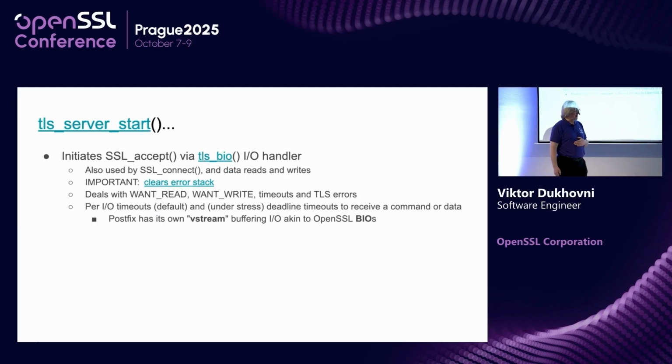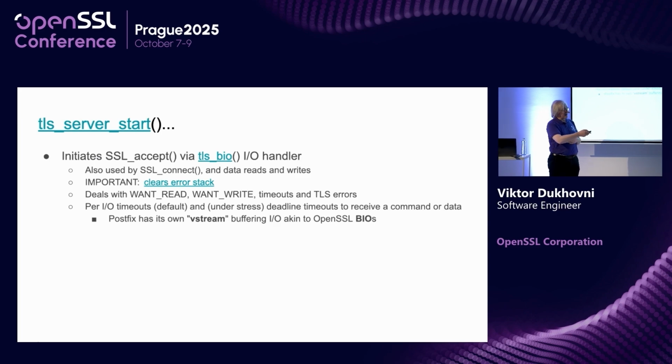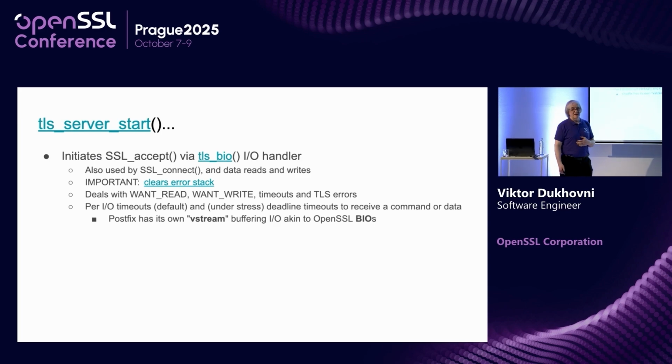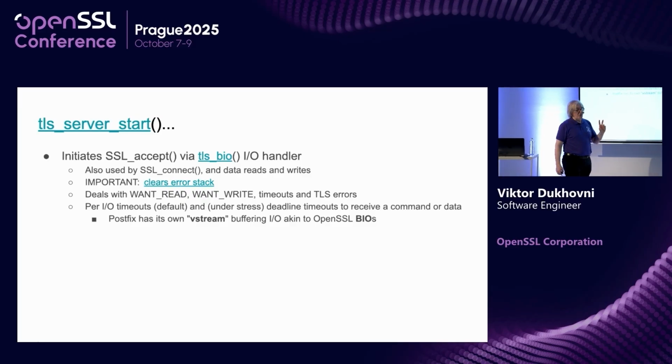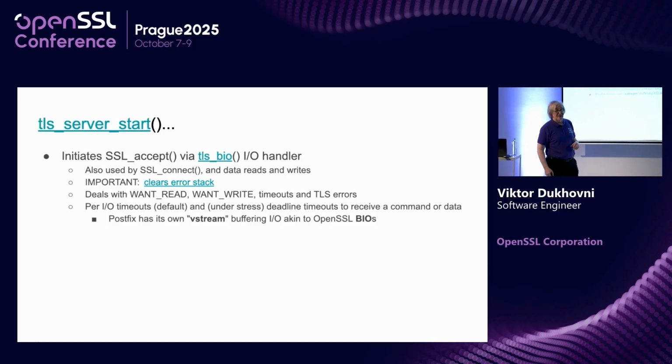Okay, TLS server start. So Postfix has this TLS bio function, and any TLS operation runs through this thing, and it both orchestrates handshake interactions with the SSL library and handles just read and write for data. And what it has to deal with primarily is non-blocking I/O.